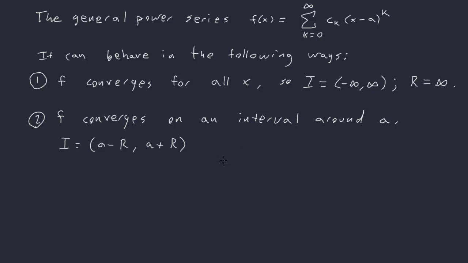So if we look at this on a number line, if a is here, if we have a case like this, we will always have a balanced interval around a where the length from a to the outside boundary is the radius of convergence.